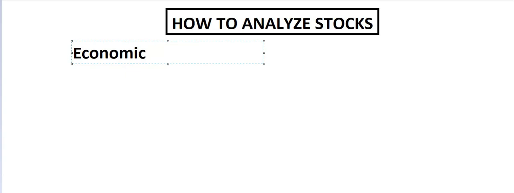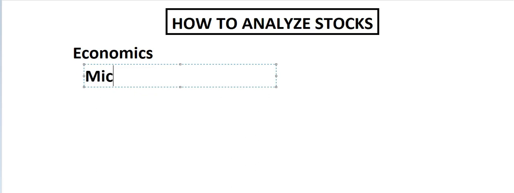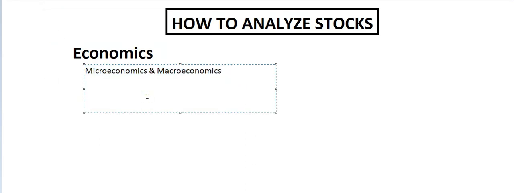In economics, there are a lot of parameters, such as microeconomics and macroeconomics. Microeconomics is nothing but studying individuals, and macroeconomics is nothing but studying overall nations. Another parameter is GDP, which is gross domestic product.